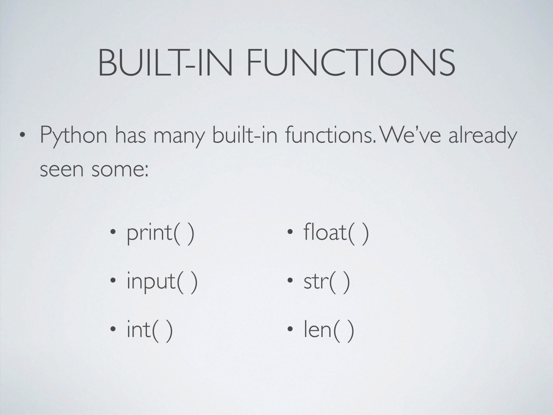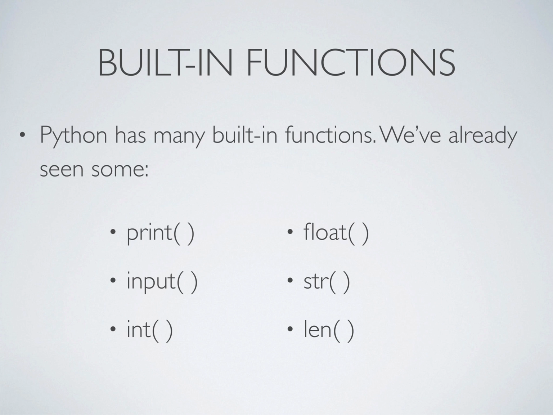We've used print, we've used input. Those are both functions that already exist in Python. We've used these type conversion functions, int, float, str. Those are the functions that take a value of a specific type and then convert it to a different one. We've also seen len, the one that gives you the length of the string. That is also a built-in function in Python.